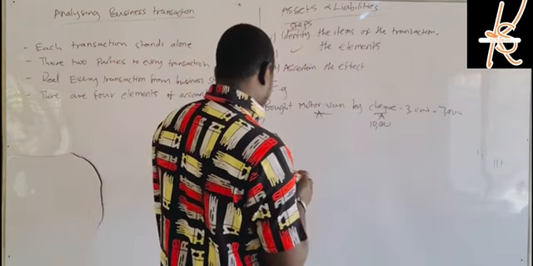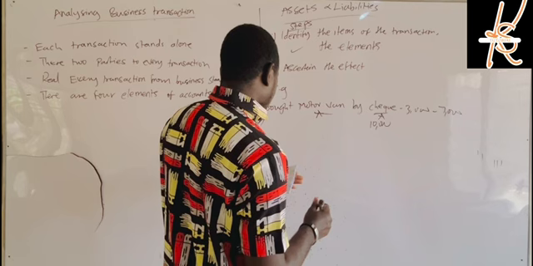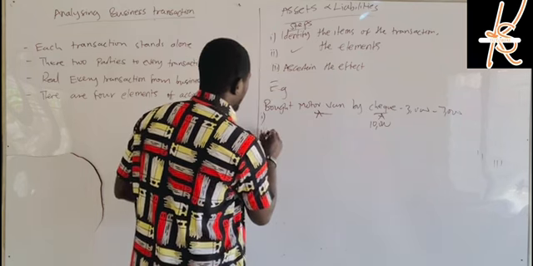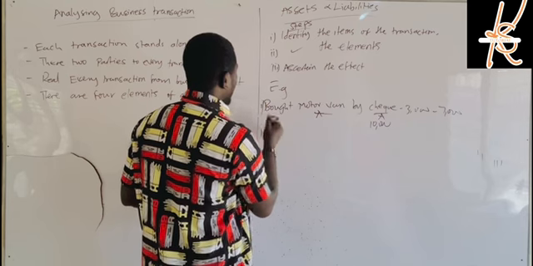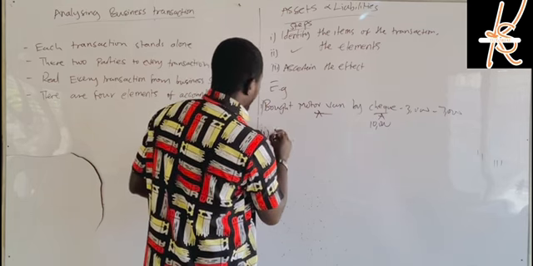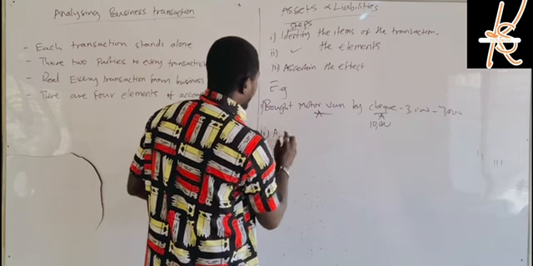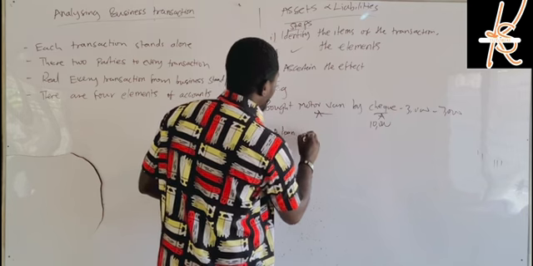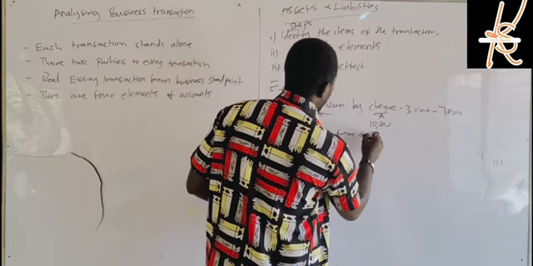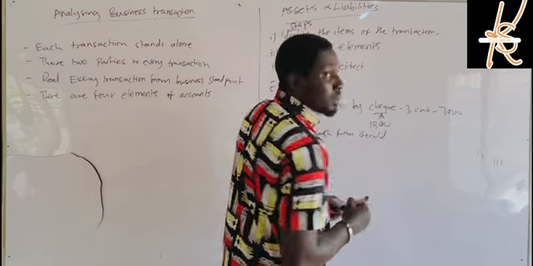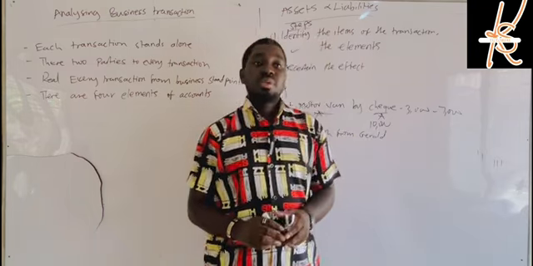It says a loan in cash from Gerald. So, a loan in cash from Gerald, which means Gerald has given the company a loan.